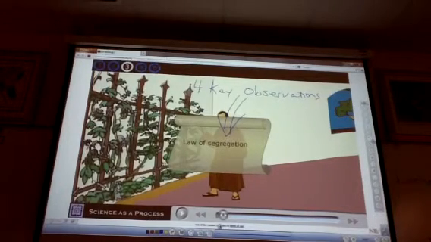Now, before we go any farther, segregation means the same thing as separation. All right? If I segregate Rebone from Powell, I'm going to move them apart from each other. Okay? That's all segregate means.